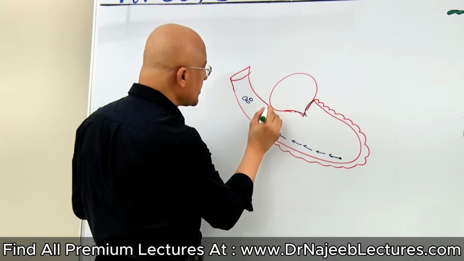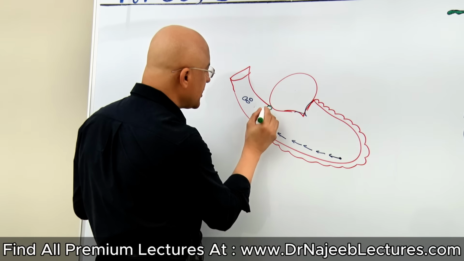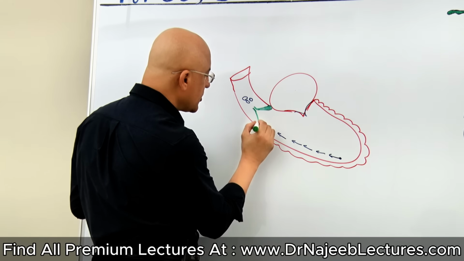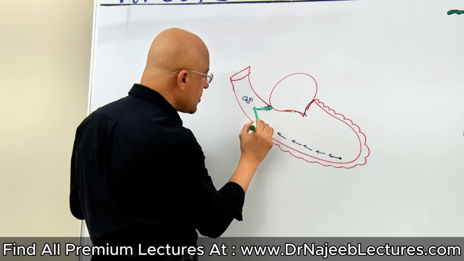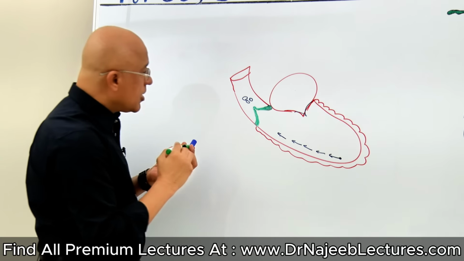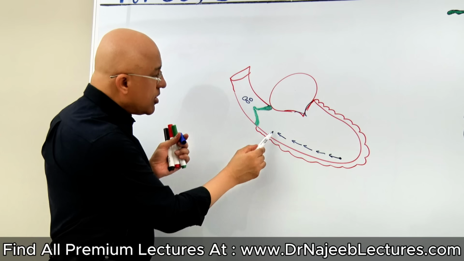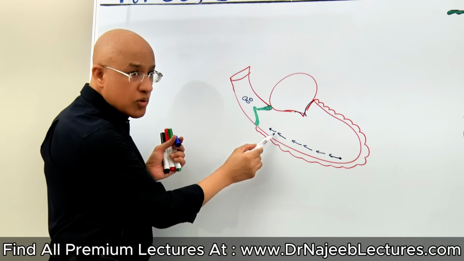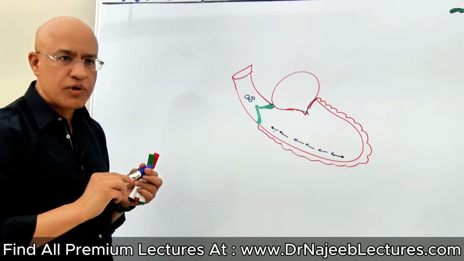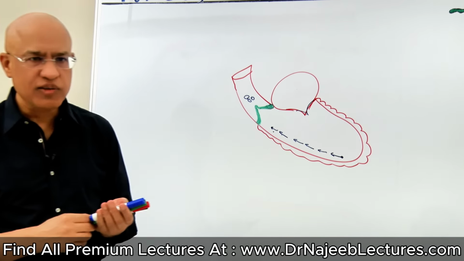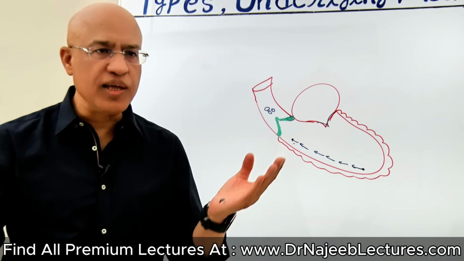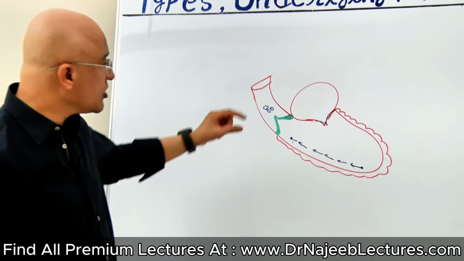Let's suppose there is a person where the aortic valve is thick and narrow, and the ventricle has to generate more than normal pressure to open the aortic valve. If an aortic valve is stenotic, it means that during systole it is not opening fully as it should normally. So it is narrow.